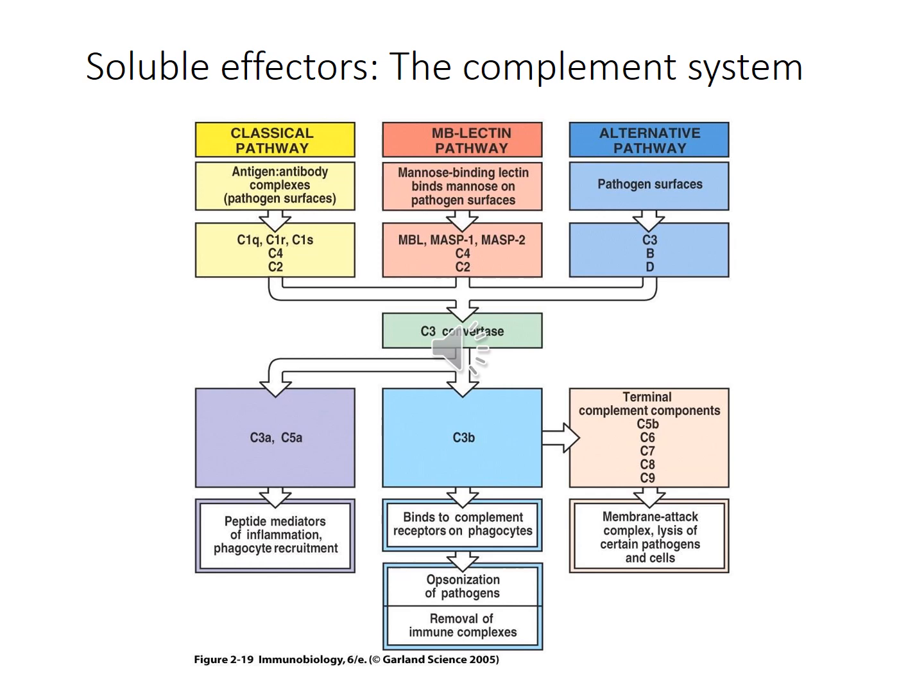And after we have the C3 convertase, we produce C3a and C3b. And C3b will in turn activate C5b, which then recruits the other proteins required for the MAC.